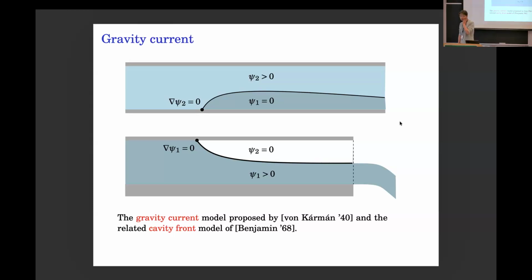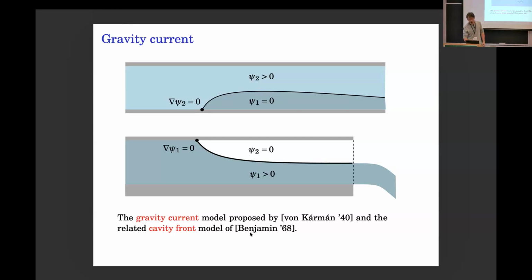My rough reading, together with the discussion with my collaborators, is that Benjamin didn't like von Karman's proposal for whatever reason, but in the end he agreed with all of the conclusions. I can't really tell. I can't really adjudicate the evaluation.